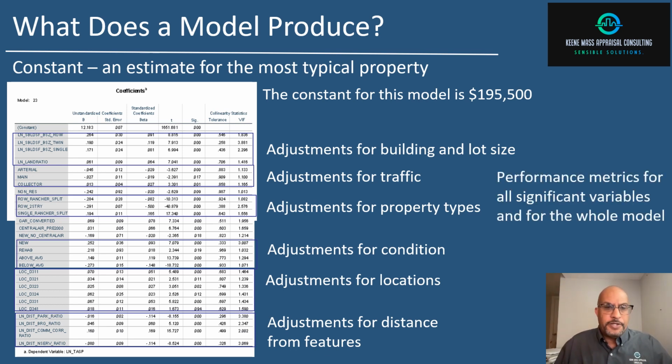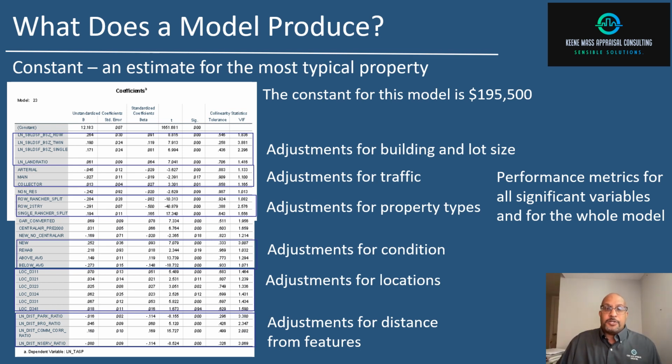Each one of these attributes produces performance metrics for each adjustment. These performance metrics tell us about the reliability and accuracy of the adjustment, the importance of each attribute, and whether any attributes are collinear with other attributes.